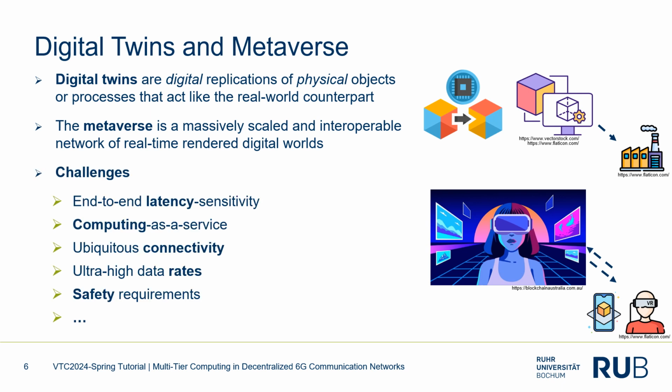Now, if you look at the challenges, there are several challenges we have to address in those use cases. First of all, there's a sensitivity towards end-to-end latency. There's a challenge of providing computing as a service. We need to have ubiquitous connectivity. We need to have ultra high rates. We also have safety requirements and many more challenges to address.